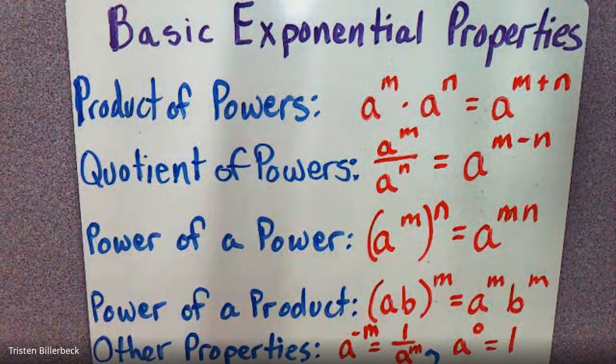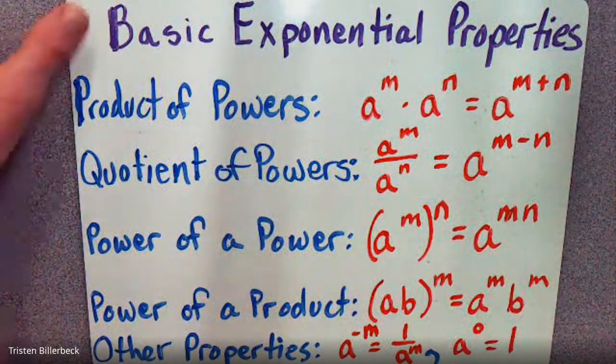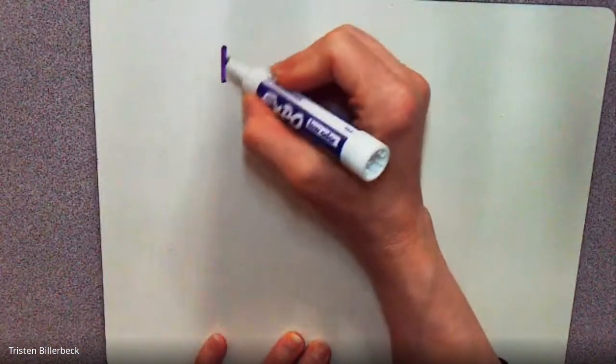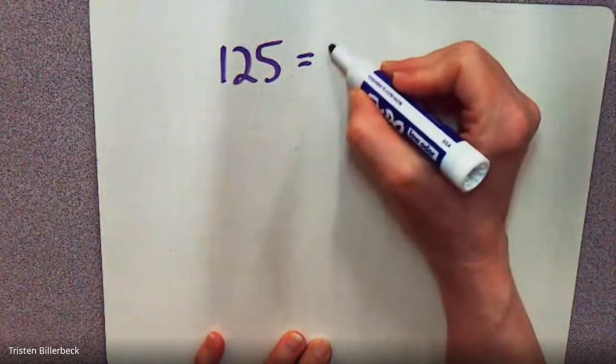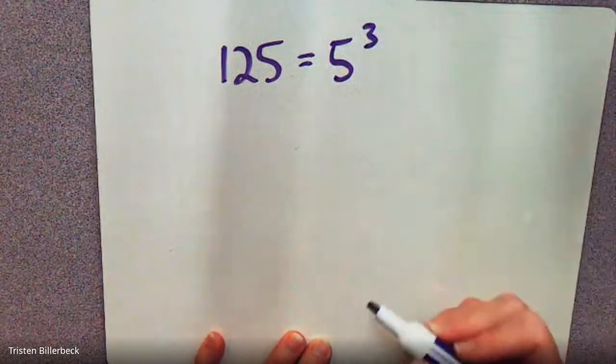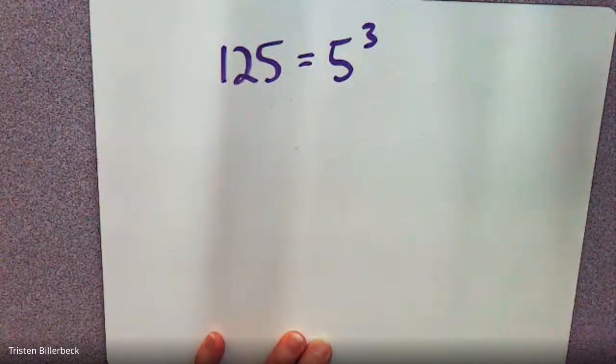Now my other class did want me to go and prove that, so why does a to the 0 equal 1? So let's take a look at that, for anyone who might miss this lecture. So 125 equals 5 cubed, 5 times 5 times 5.